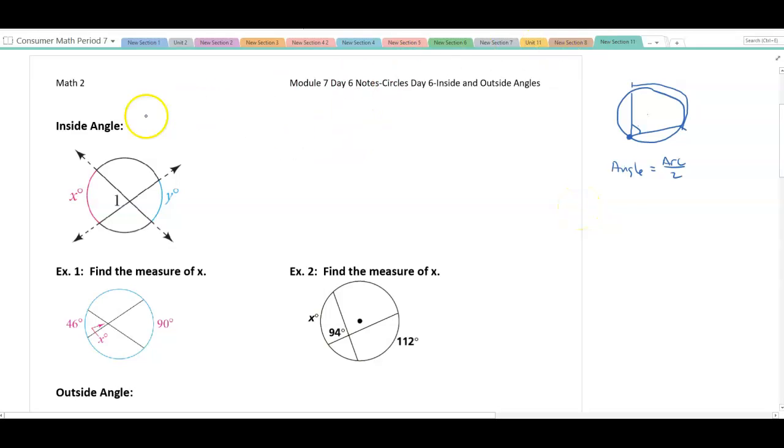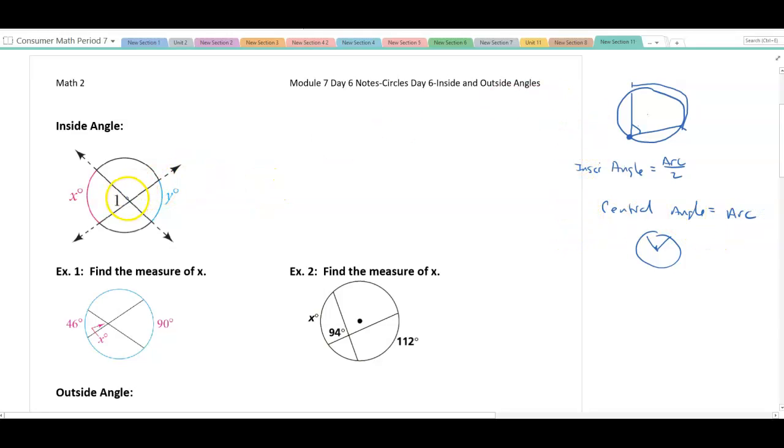But then you also had your central angle, and that was when the vertex was at the center. We said that was equal to the measure of the arc.